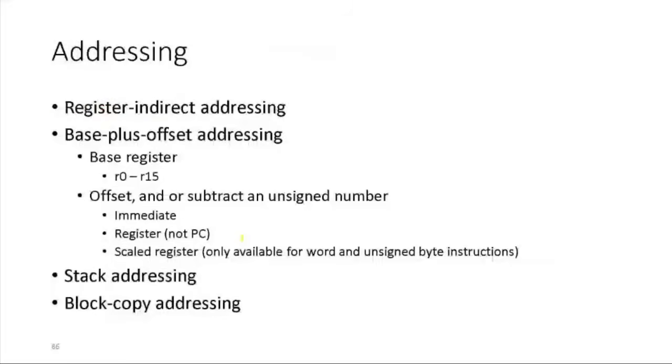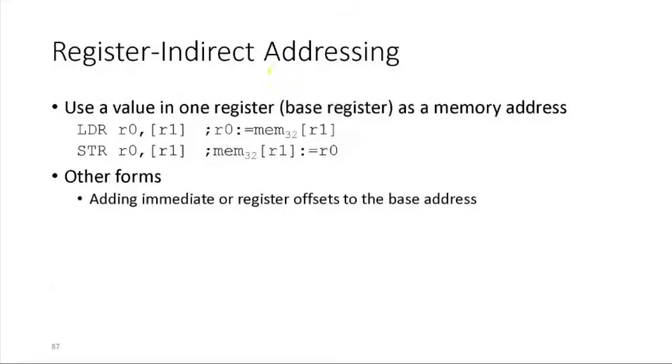Okay, so this register indirect addressing is also there. See, R0 comma in bracket you will give this R1. What is the meaning of this load register instruction? First it will go to register R1. This is R1 register, for example. Here we have some content, right?